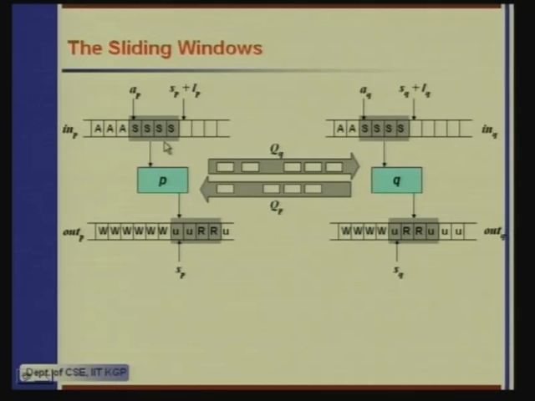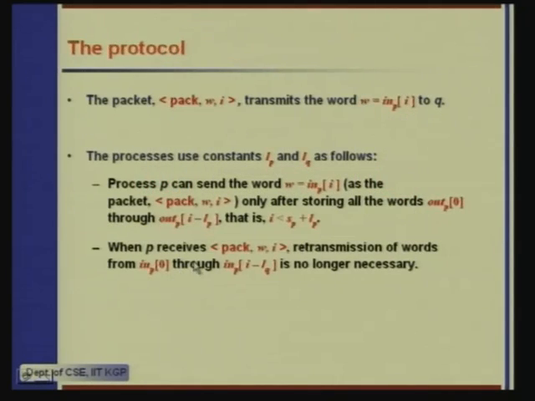Now, whenever we receive a packet like here, we know that from in P0 through in P I minus LQ we need not send. So, if AP was less than I minus LQ, we will update AP to I minus LQ plus 1, right, because we know that these need not be sent anymore. So, we will update AP like that.